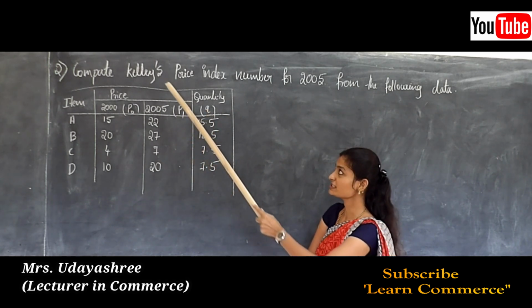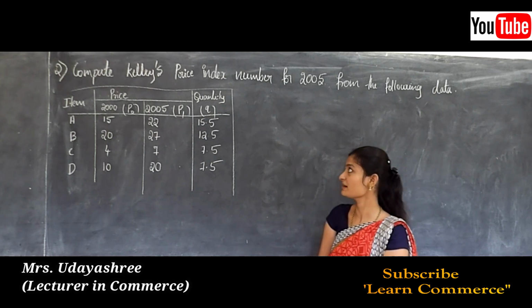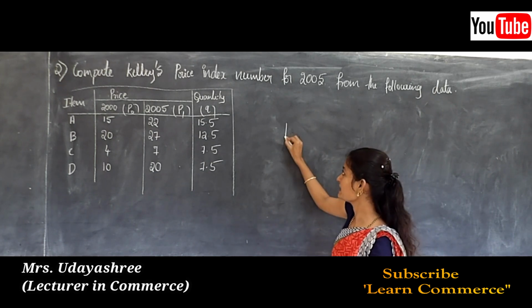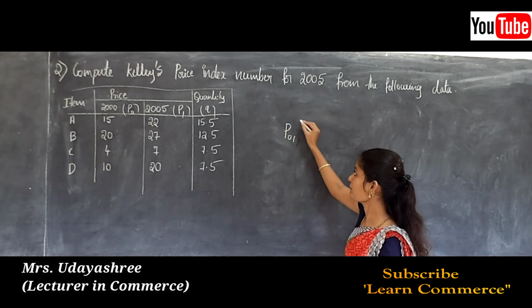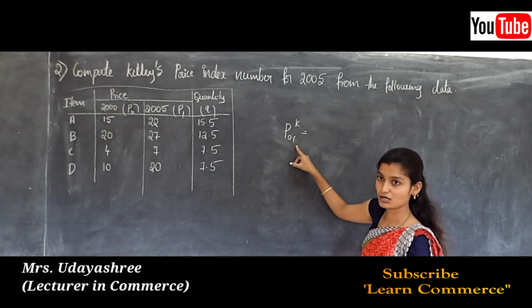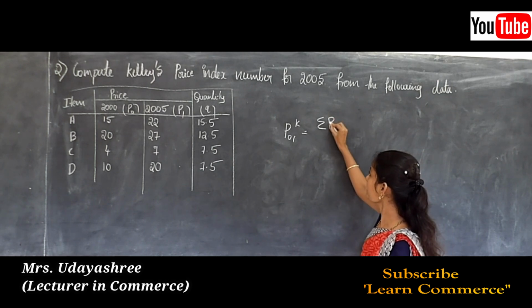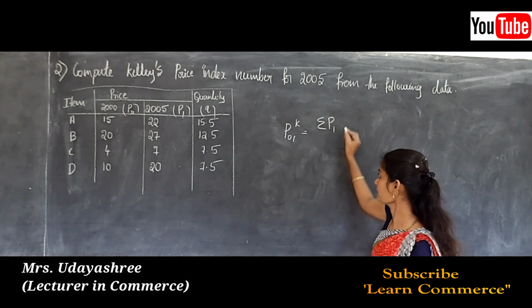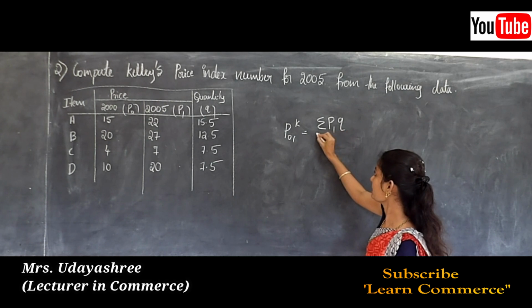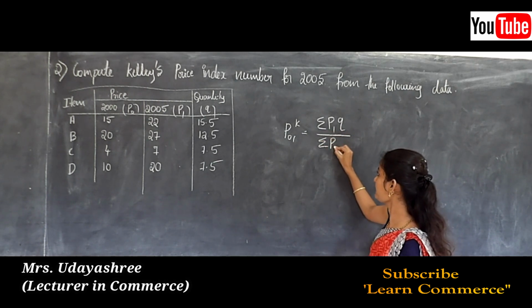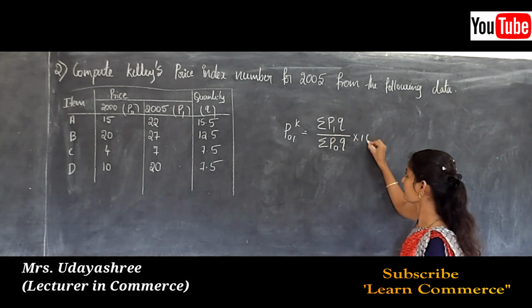Now what is the formula of Kelly's price index number? To calculate Kelly's price index number, we use the formula, that is P01 K is equal to summation P1 Q divided by summation P0 Q into 100.